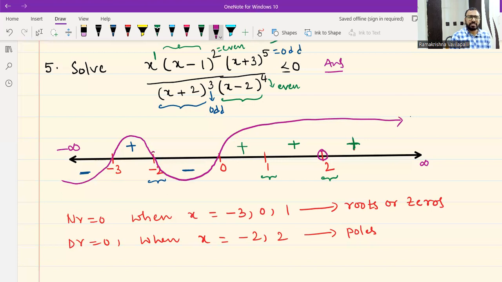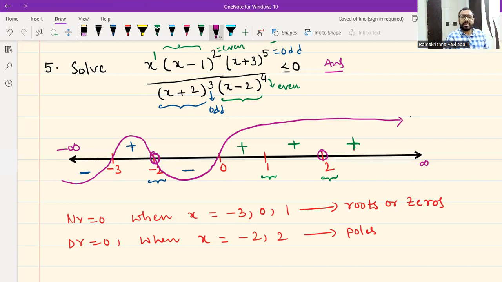They will never be included because the given expression is undefined when the denominator equals 0. So the numbers at which the denominator equals 0 will always be excluded in the interval.